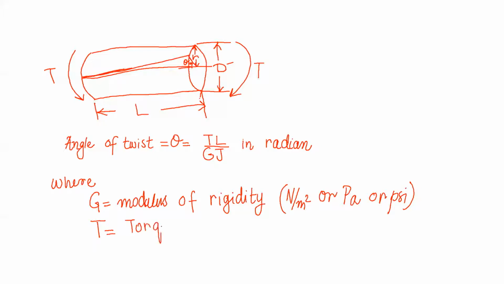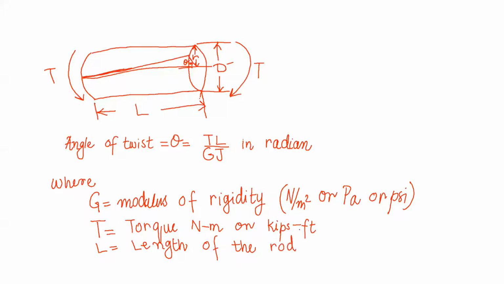The unit of torque is Newton meter, or in the FPS system it will be pound-feet, pounds into feet. And L is the length of the rod, which I have already told you is in meters or feet. If required, you can convert it.